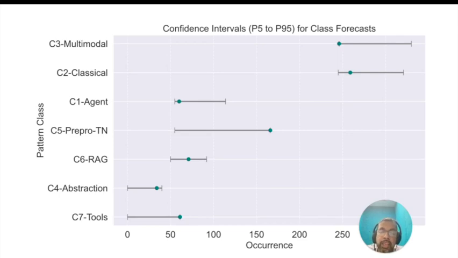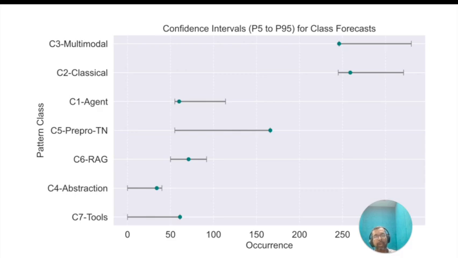So the error bars tell you which numbers you cannot trust. For other ones, we can see very clearly that C3 and C2 have much higher occurrences than C1 and C6, which are higher than C4 and C7. So we can get an understanding of relative error.